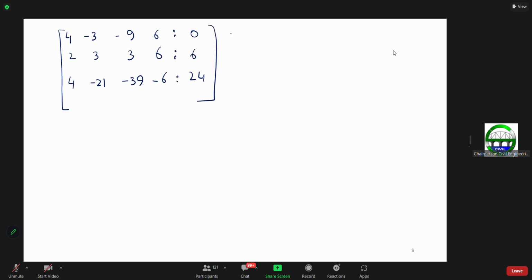It looks like it is not a square matrix. Okay, it is not a square matrix.